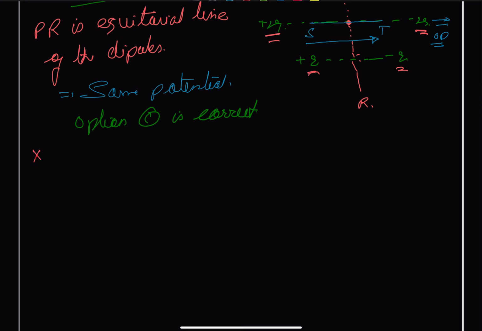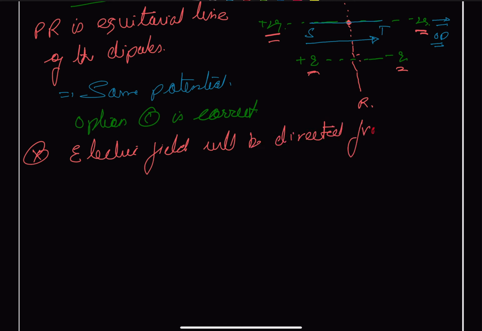So we can write that electric field will be directed from S to T, and potential decreases along the electric field line.